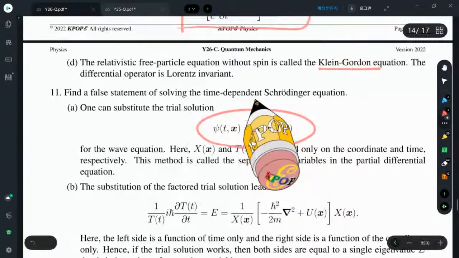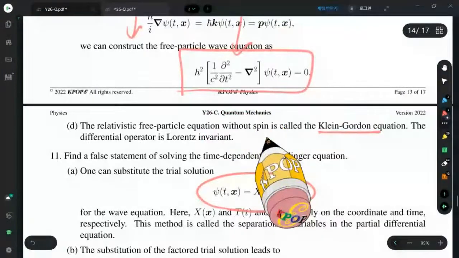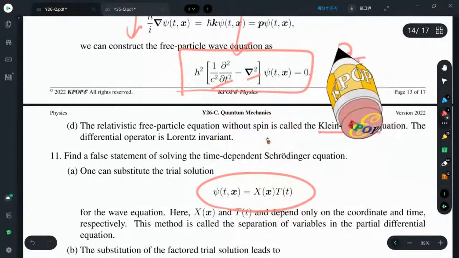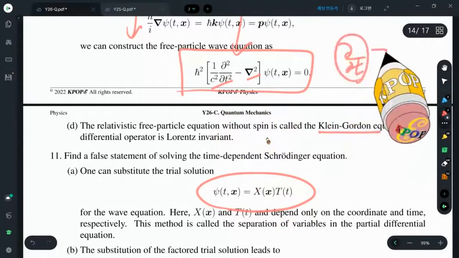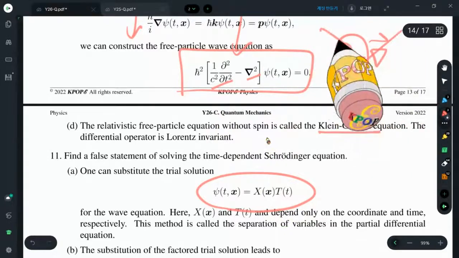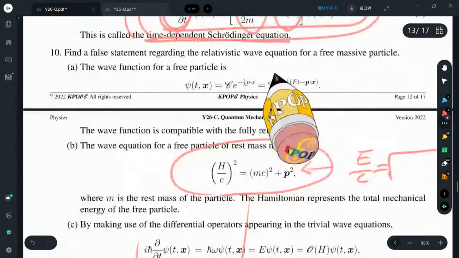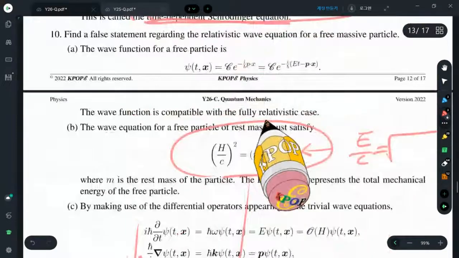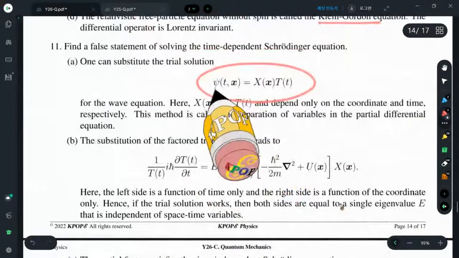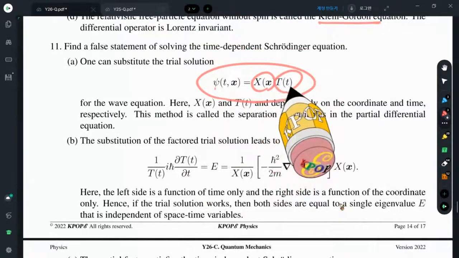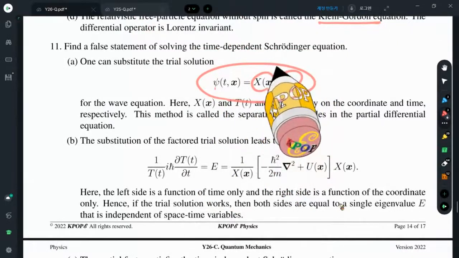This separation of variables is not allowed if an operator has a mixed term, such as a first-order time derivative with the gradient. This kind of operator does not appear in this physical problem. Therefore, fortunately, we can introduce a trial solution that is completely factorized.